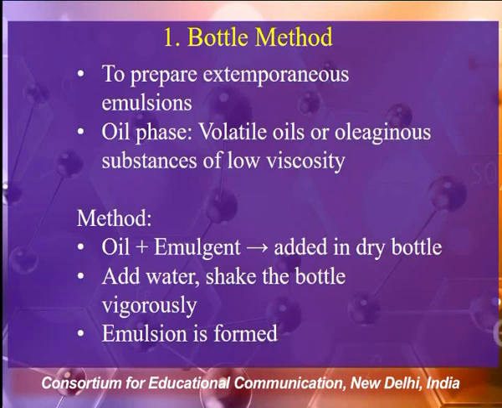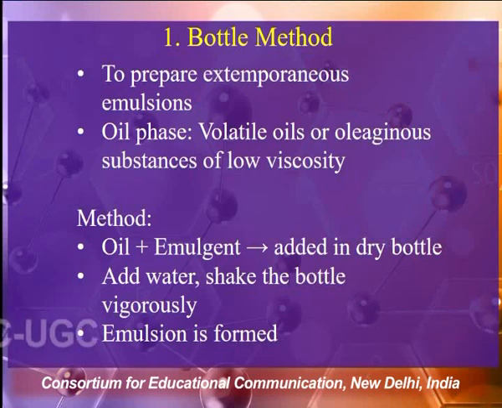Volatile oils or oleaginous substances having low viscosity can be made into emulsions by this technique, and the utility of this technique is limited. The methodology goes as follows: we take the oil phase and mix it with an emulgent in a dry bottle.